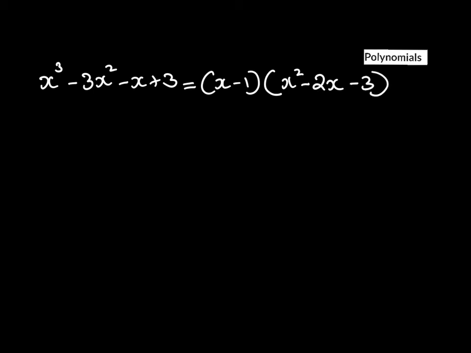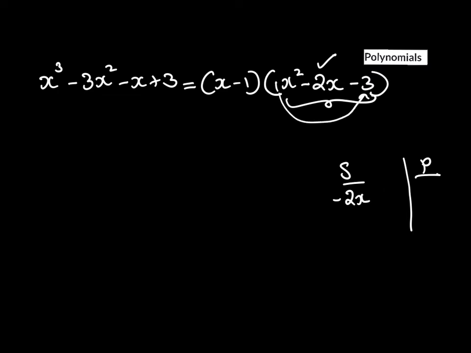And of course, we know how to factorize this by splitting the middle term. In case you have to review this, let's go ahead. We know the sum and the product. Remember that method? The sum happens to be the middle term, which is minus 2x, and the product is 1 times negative 3, which is minus 3.